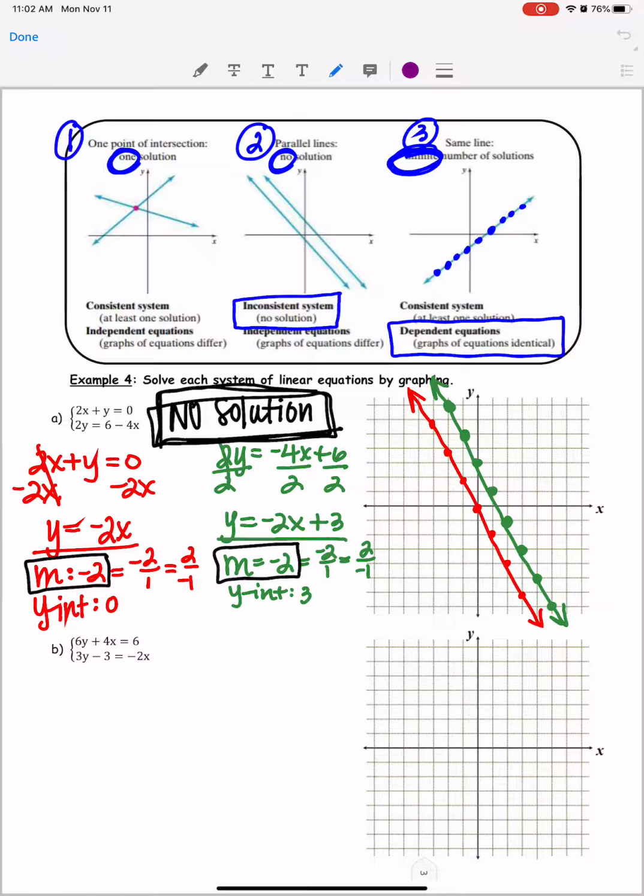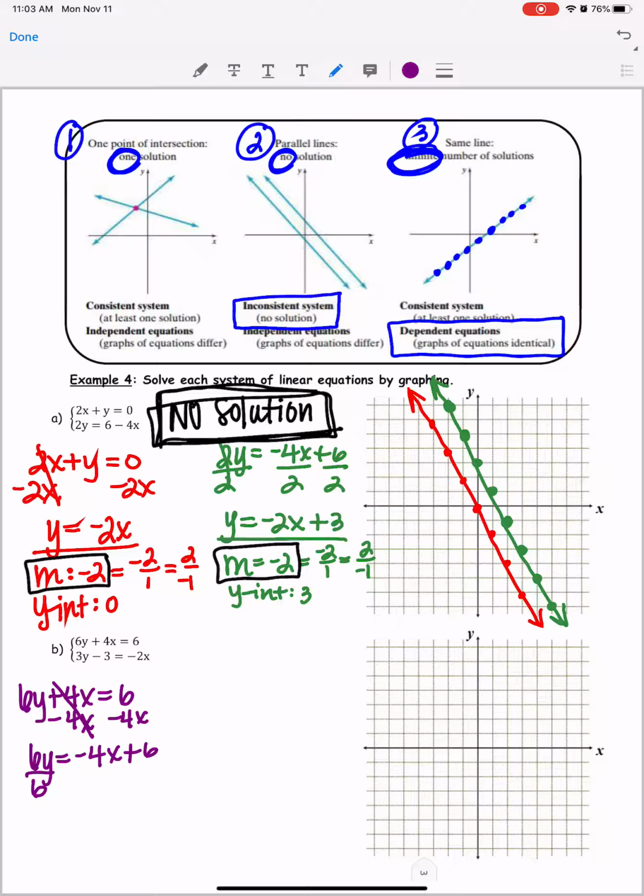All right, so neither of these are in slope-intercept form. I'm going to take this first one and solve it for y. Now, my y and my x is backwards, but that's okay since I'm going to be rearranging it anyways. You always move that x term first. So negative 4x plus 6.